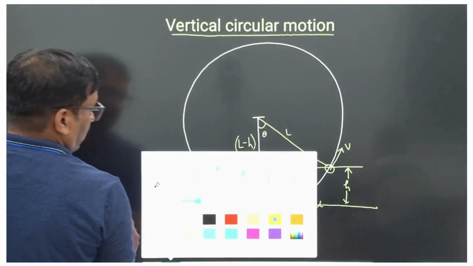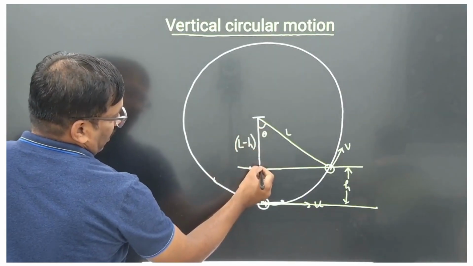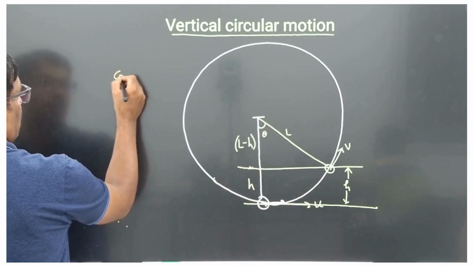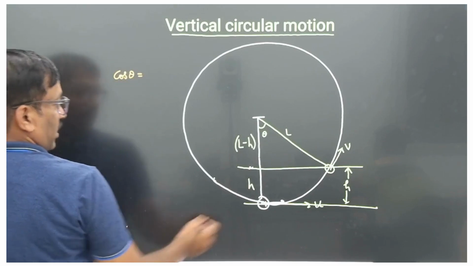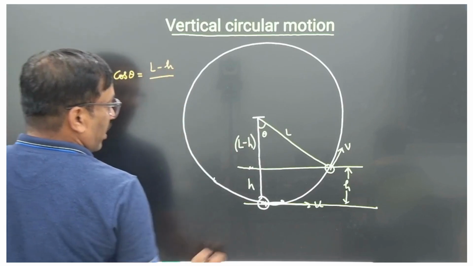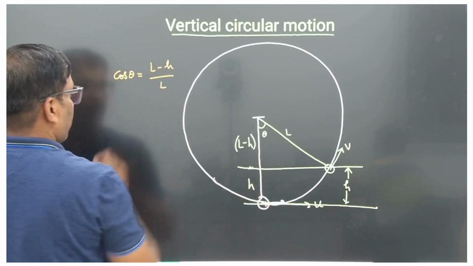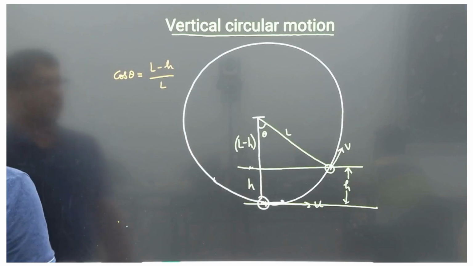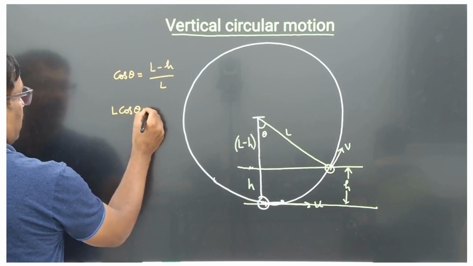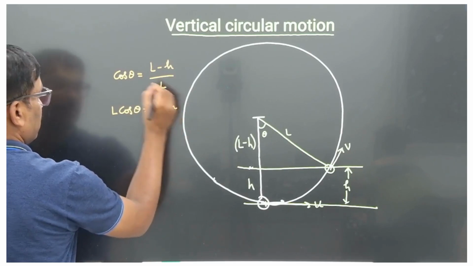Here this is the adjacent side, this is the opposite side, and this is the hypotenuse. So we can write cos theta is the adjacent side, that is L minus h, divided by the hypotenuse, which is L. So L cos theta is equal to L minus h.